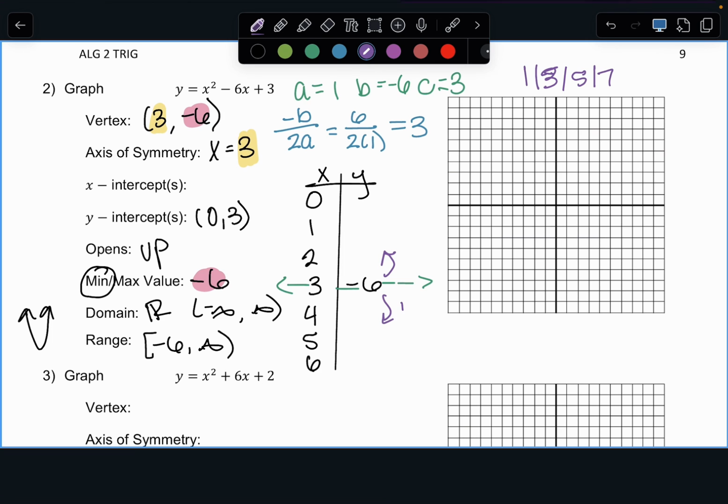Now I'm looking at my 1, 3, 5, 7 rule. -6 plus 1. -5. So I'm done with the 1. -5 plus 3. -2. So I'm done with the 3. -2 plus 5. 3. I could keep going, but I don't need to.